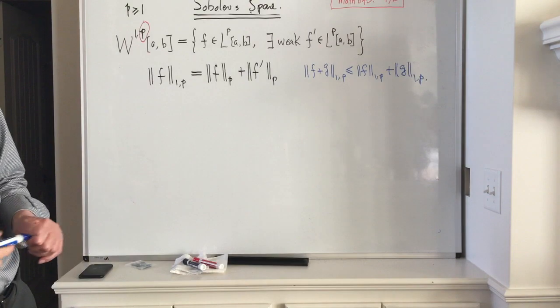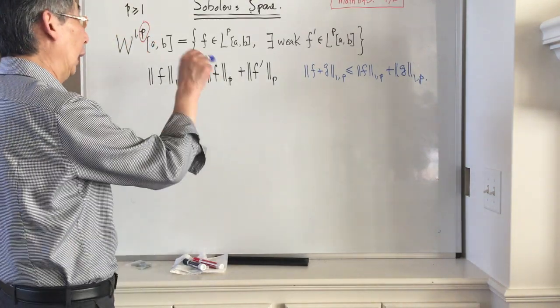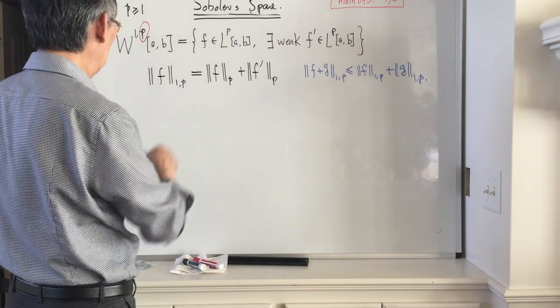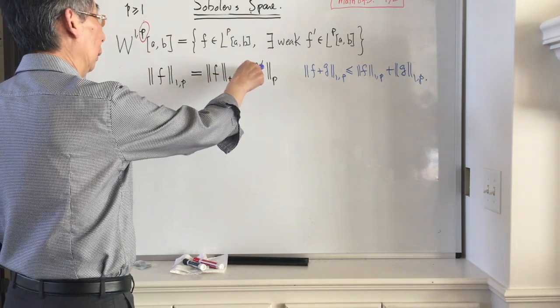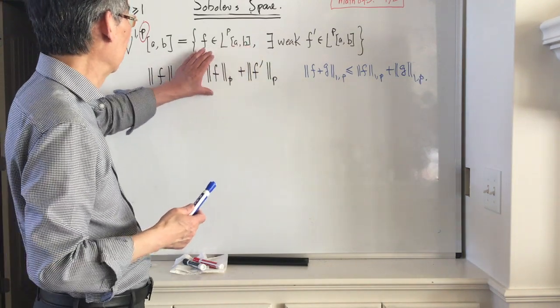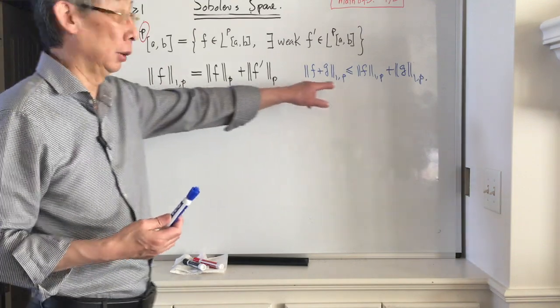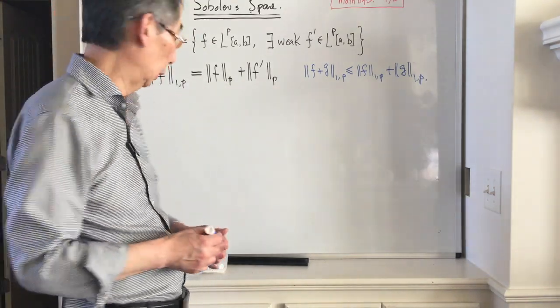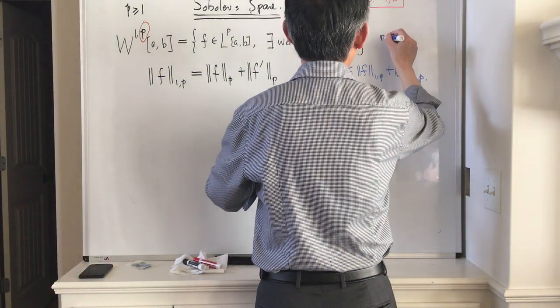It's very easy to prove, because if you replace f by f plus g here, you have f plus g here and f prime plus g prime here. For L^p functions the Minkowski inequality holds, so apply this inequality on both terms and you get this. This is very simple. So this shows that this space is a normed space.